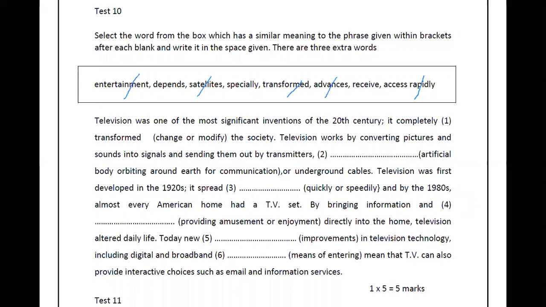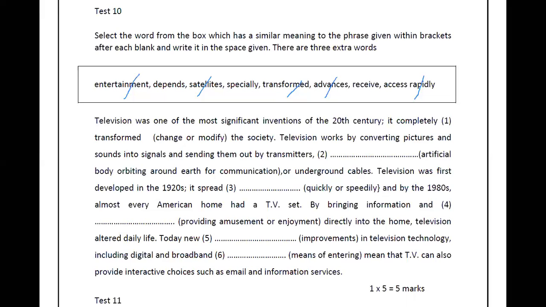Depends. Does it mean that you are entering? No. Depends means you're depending on somebody. You can't live alone. You need help of someone. Just like you're living by the help of your parents. You're depending on them. Specially is no. Specially is something special. You have received. Receive means you're getting something, not entering. Access means entering again.